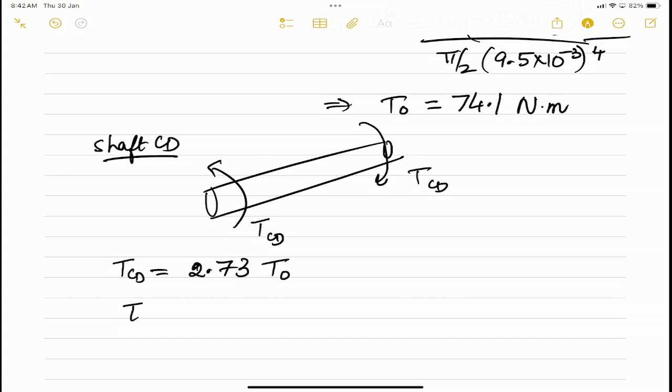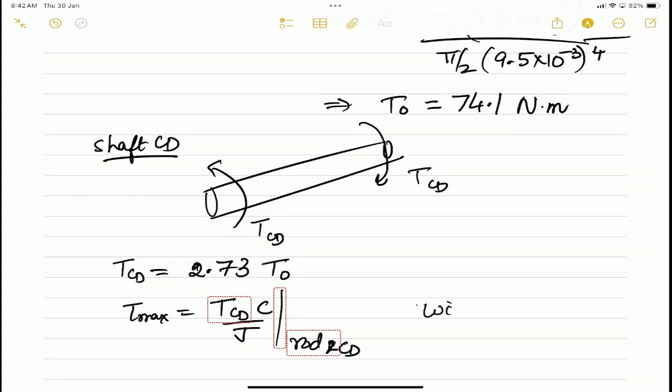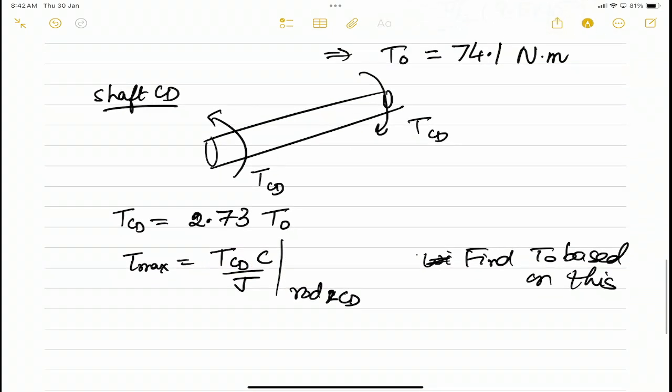So I assume T0 is an unknown here and I work it out. So now tau max is equal to TCD C upon J for rod CD. Now find T0 based on this.